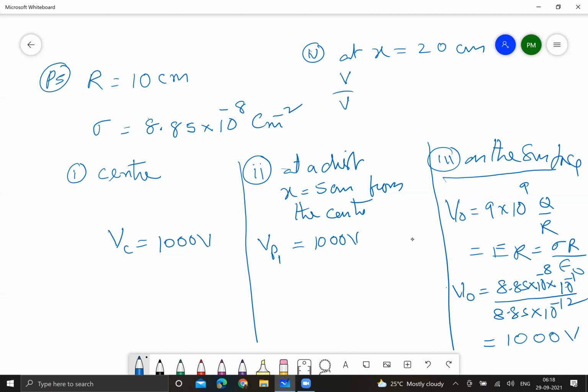And V by V naught is R by X, because V is equal to 9 into 10 to the power of 9 into Q by X, V naught is 9 into 10 to the power of 9 Q by R. So V is equal to V naught by 2 here, because R is 10, X is 20. So we'll get V naught by 2, therefore 500 volts.